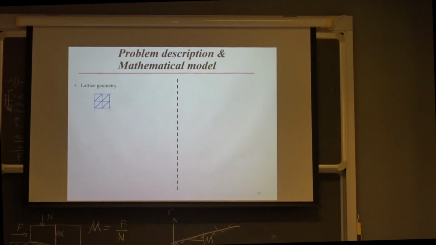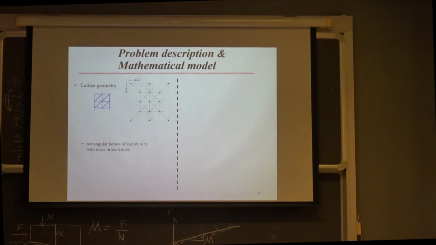So let's talk about the 2D bistable lattice. This is our lattice geometry, a rectangular lattice. Each rod over here is a bistable spring, and in the nodes we have the masses. This is a rectangular lattice of size M, with M rows and N columns.